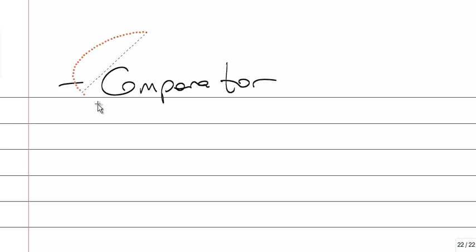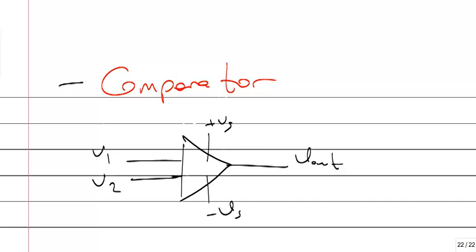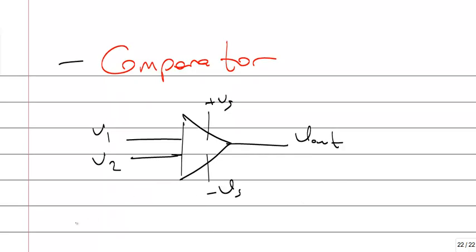What can you do with operational amplifiers? You can compare two signals. V1, V2, V out, plus V source, minus V source. This compares two voltages.